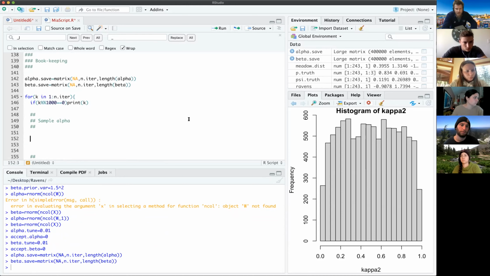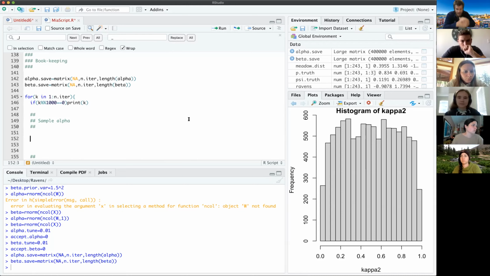All right, so what's step 1? Let's work through these. Getting an alpha dot star. Yeah, propose some values for alpha.